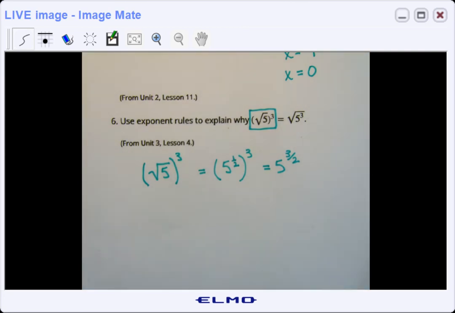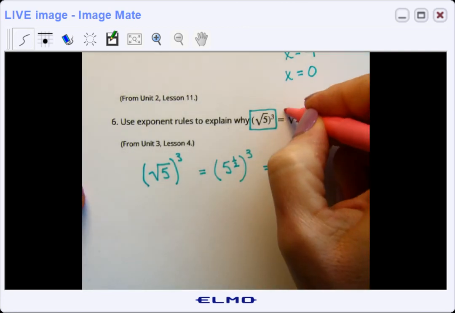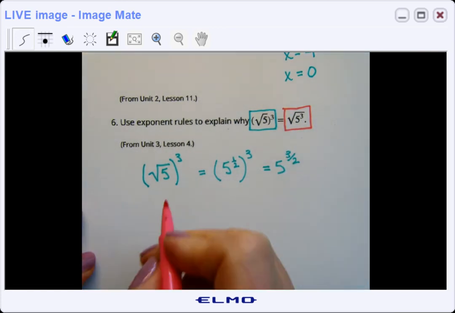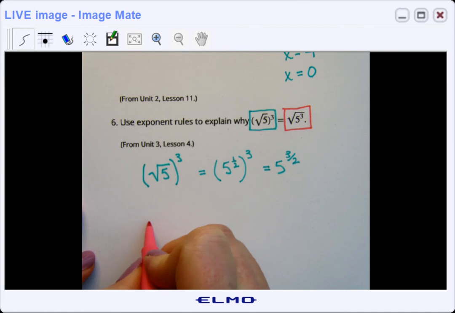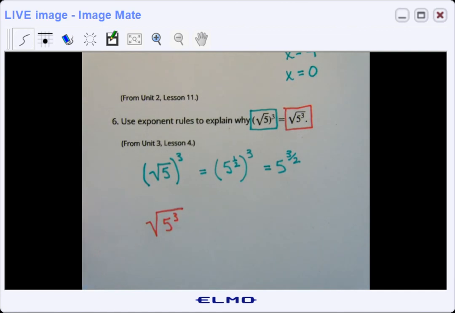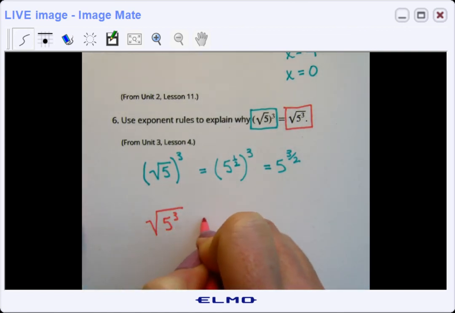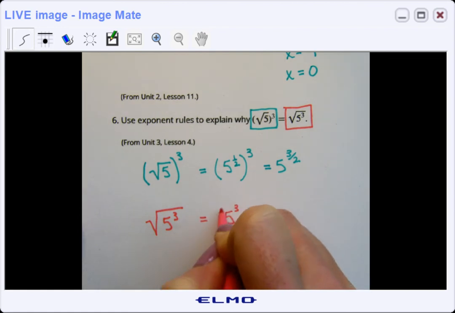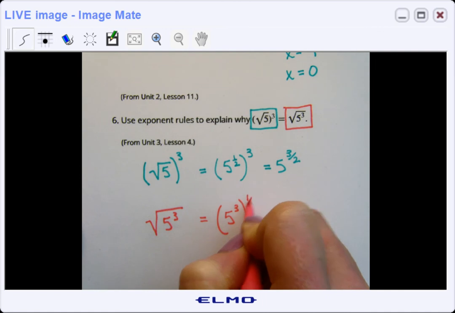And now if I work on this expression, I'll say, okay, so the square root of 5 to the third, and that power exponent is under the radical. Well, I'm going to change this to 5 to the third raised to the 1/2.